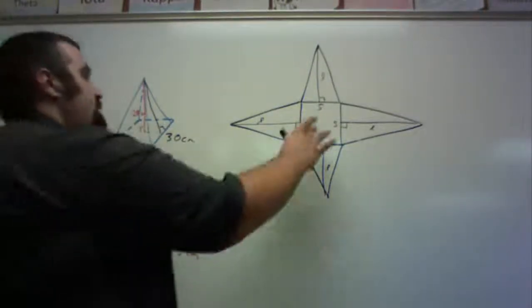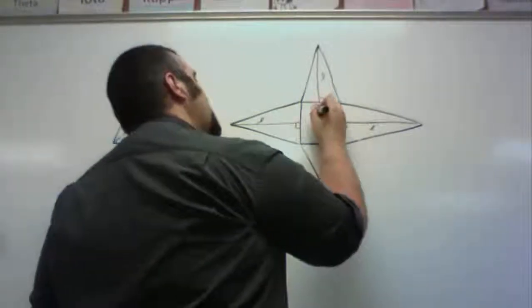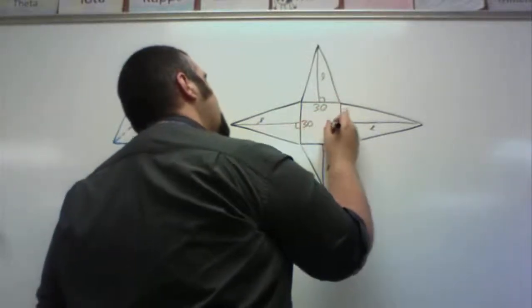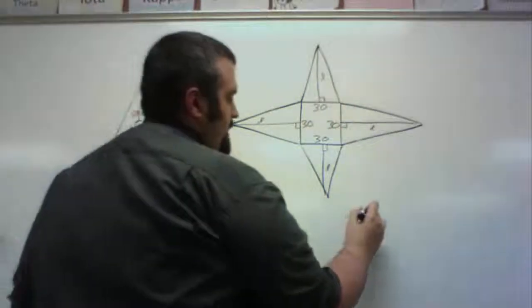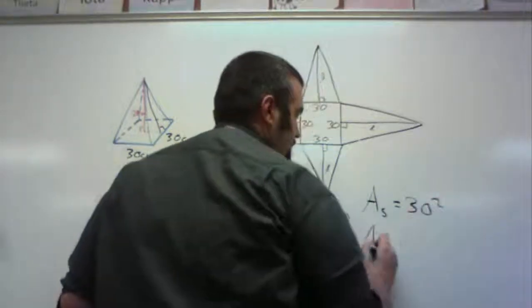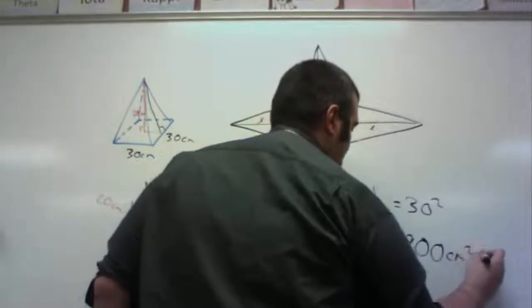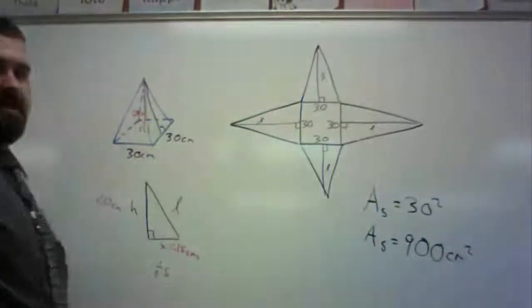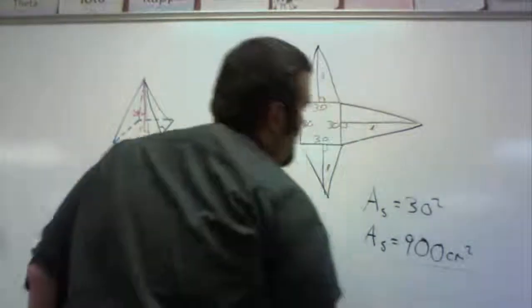So look, I replace the numbers I know. S, or the side length, is 30, all the way around. So the area of the square is 30 squared, or 900 centimeters squared. So I have one of the things I need. It's kind of important, so I'm going to underline it.